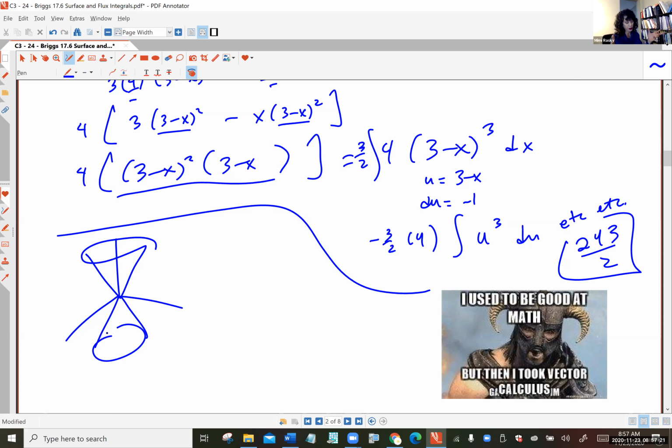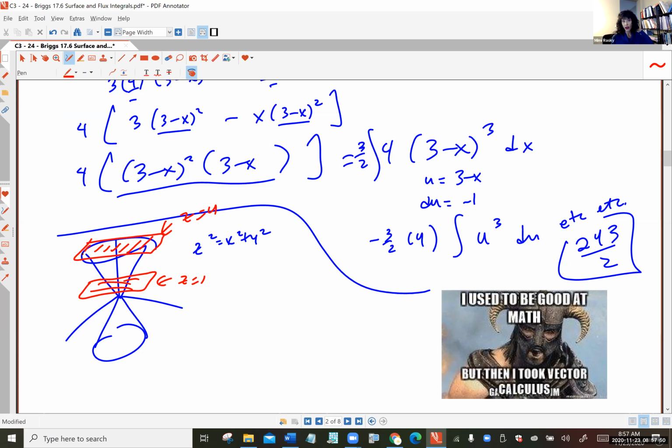It's got a cone facing up and a cone facing down. That's z squared equals x squared plus y squared. But then they want it bounded by z equals 1 and z equals 4. Well, z equals 1 is a horizontal plane that's parallel to the xy plane. It's flat. And z equals 4 is another plane, parallel to the xy plane.